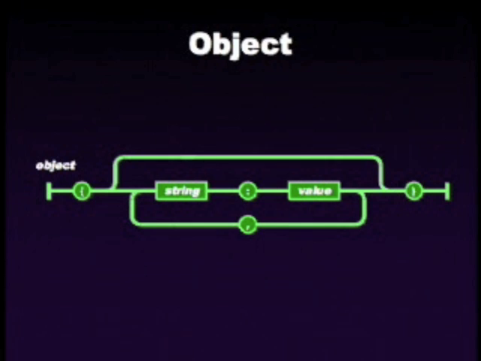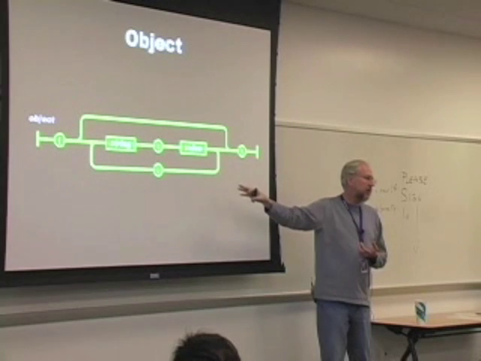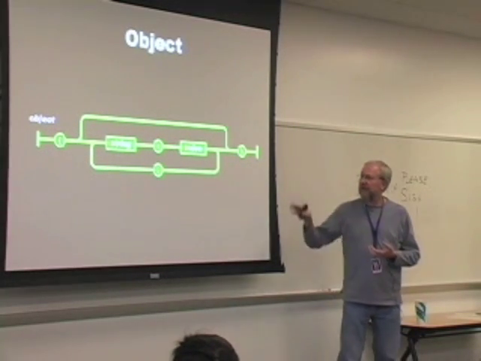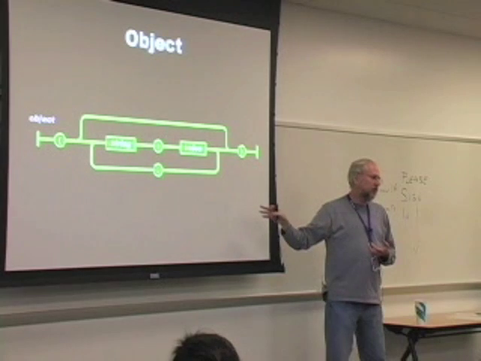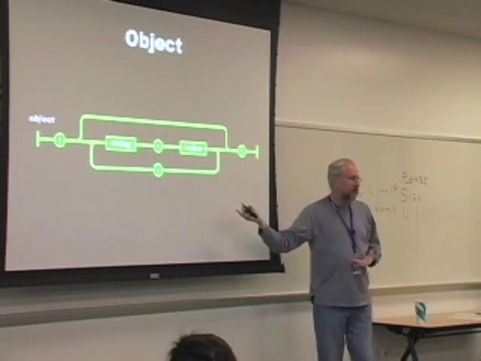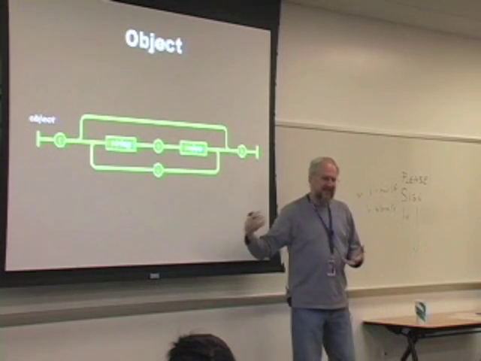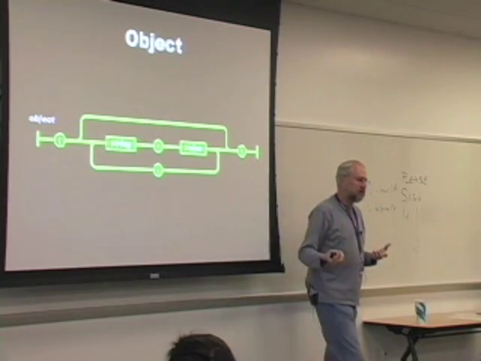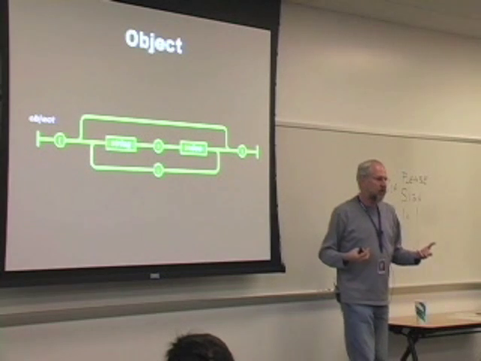So an object is a thing wrapped in curly braces with keys or names as strings separated by colons from values, which can be any JavaScript value with commas separating those. So basically these are JavaScript object literals. That turns out to be a really convenient notation for doing data interchange.